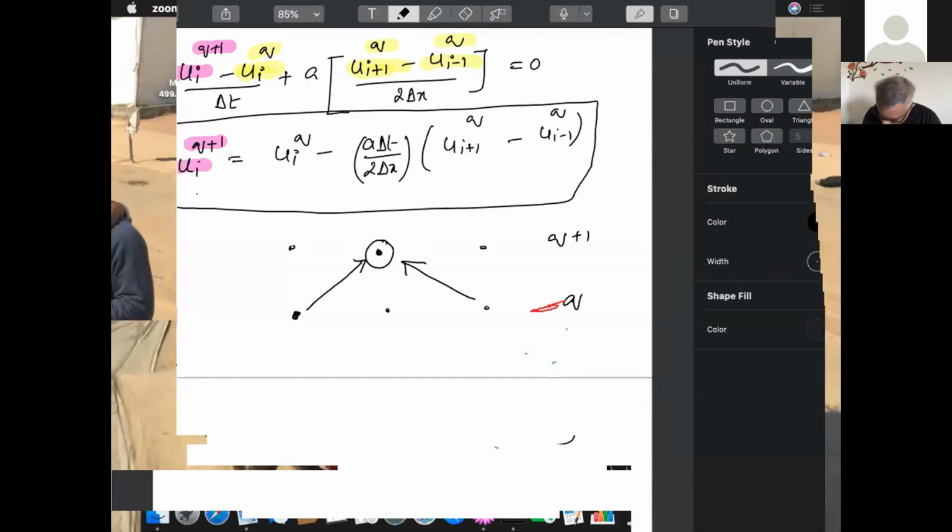Whereas if you use forward difference scheme or backward difference scheme, the information propagates from these 2 points. This is for backward difference, and this is for central difference. And if you want to look at what happens to the forward difference, the information propagates something like this. So as the wave is propagating, you can see that the information is also propagating on the grid.